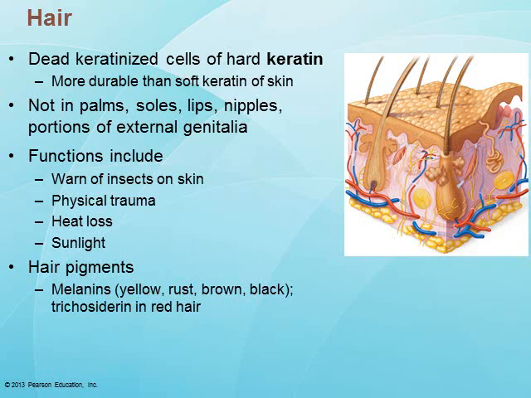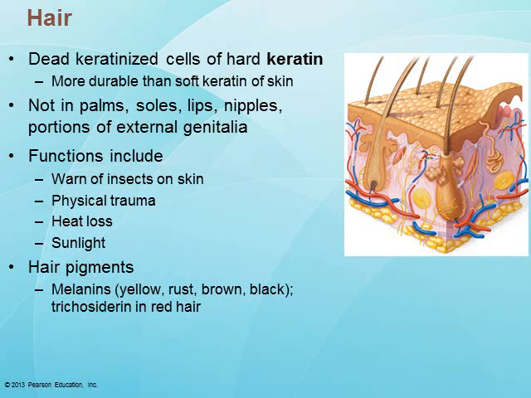Those yellow fibers are our nerves, and every time this hair gets bent by an insect, those nerves receive that information, and then you just know there's some insect on your skin, and you can kill it just because you feel it.